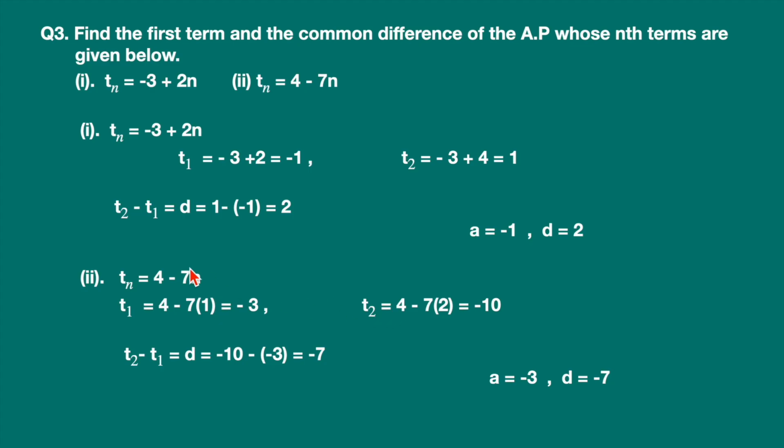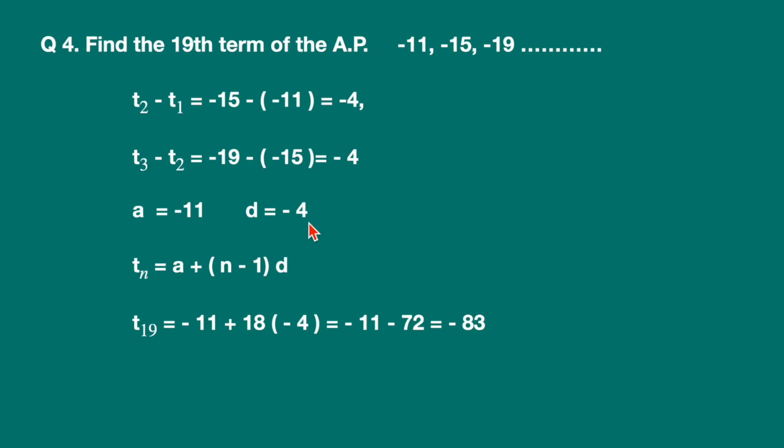Put n is equal to 2 here and you will get 4 minus 14, that is minus 10. So here T2 minus T1, minus 10 minus of minus 3. This will become plus 3. So minus 10 plus 3 is minus 7. D is equal to minus 7.